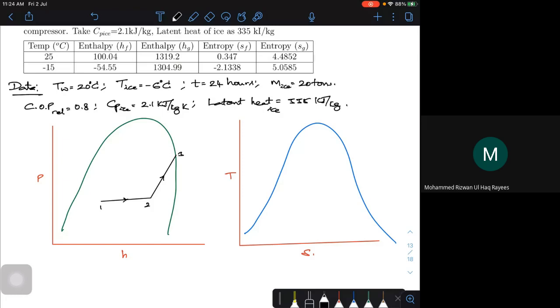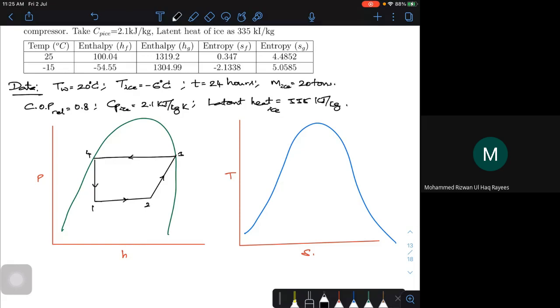Then it comes to this point, which is your 4, and this is a straight line, an isenthalpic process. This is how your pH chart will look.